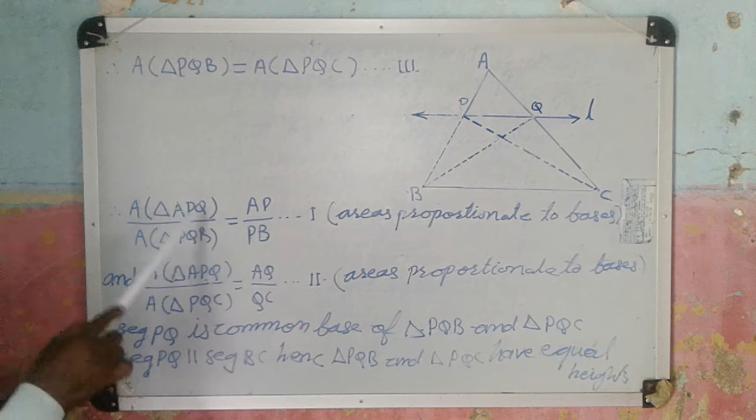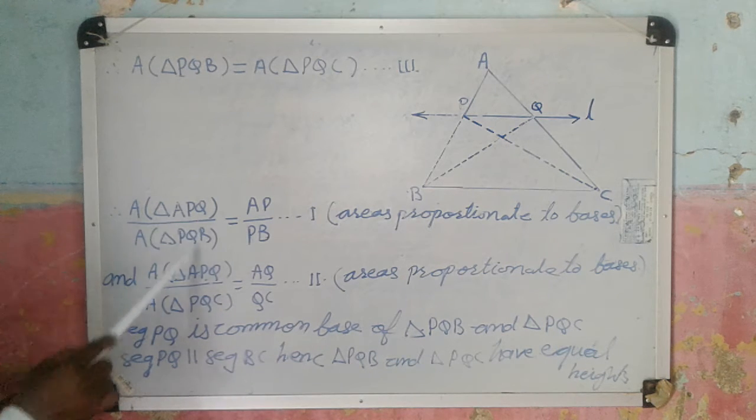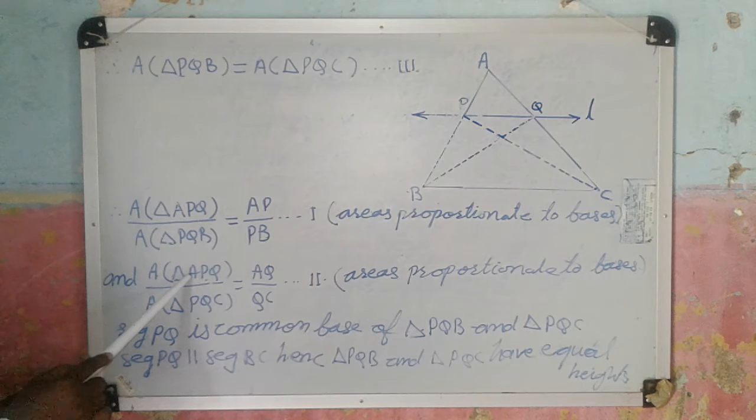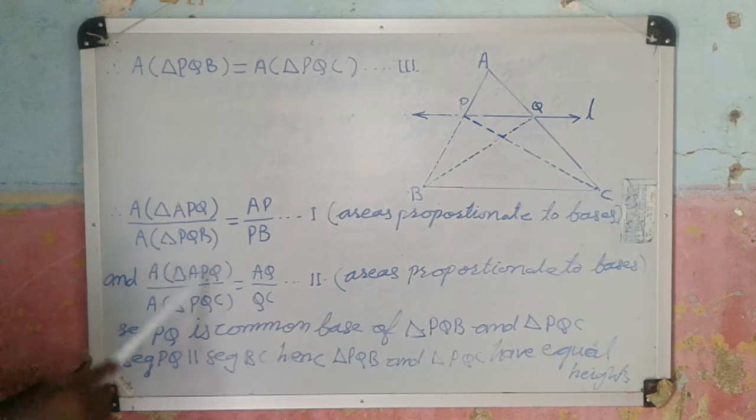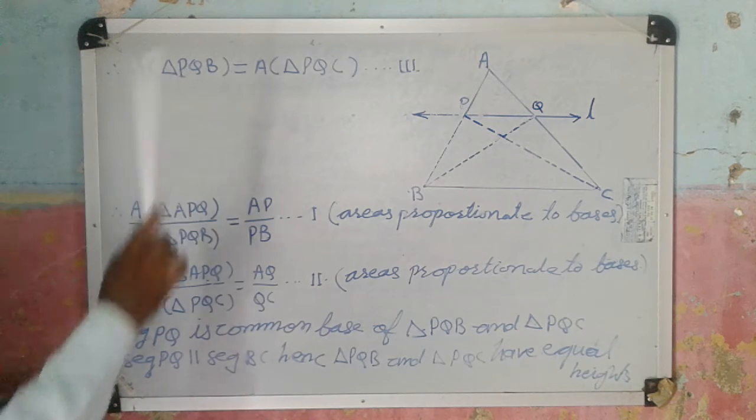That means in the two ratios, numerators are the same and denominators are also equal here.